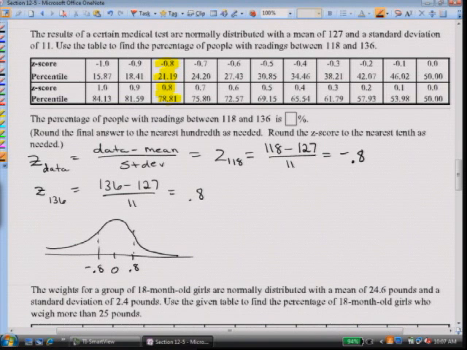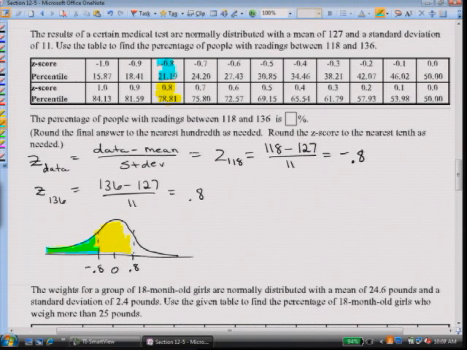So now I'm just back to the same idea. I'm going to find the area to the left of 0.8, which is going to be on my table. That is the 78.81. And then I'll find the area to the left of negative 0.8, which is the 21.19.